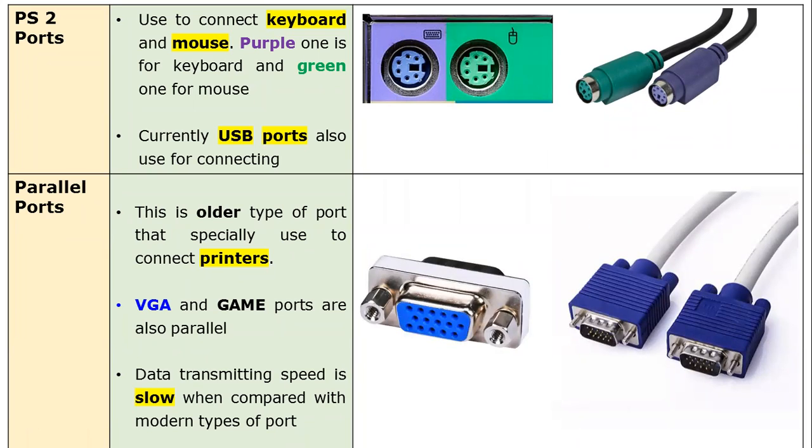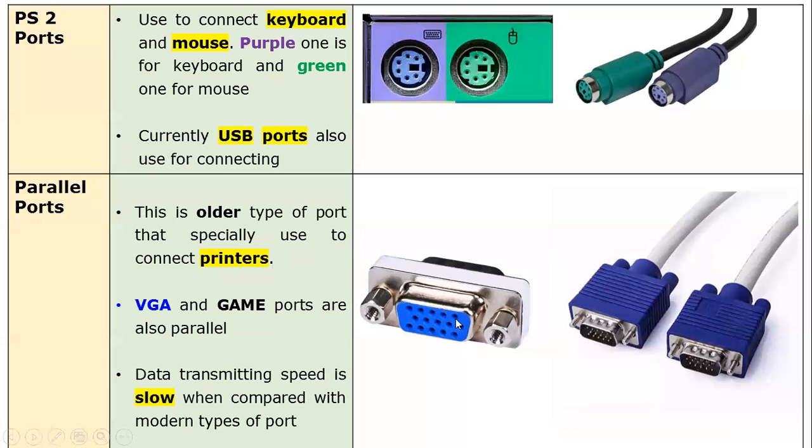Then this one, this port is still available nowadays. If you want to attach your monitor to your computer, you must use the VGA port here. The standard color is dark blue. On the right side is the VGA cable, and these two are VGA cables. This one is the port.